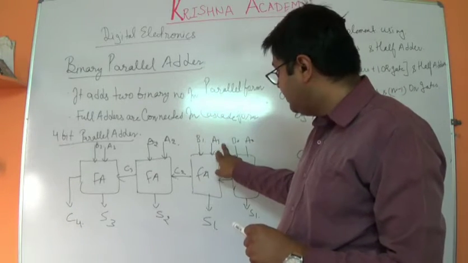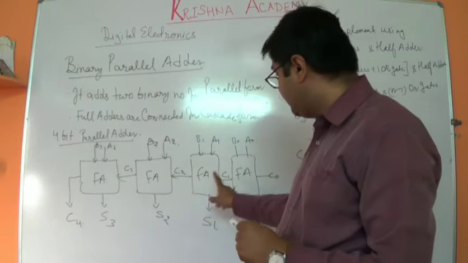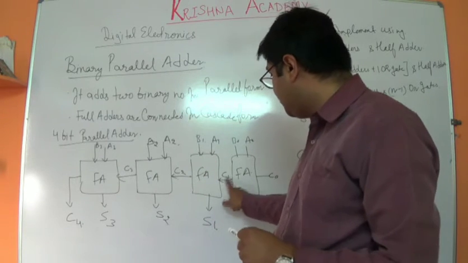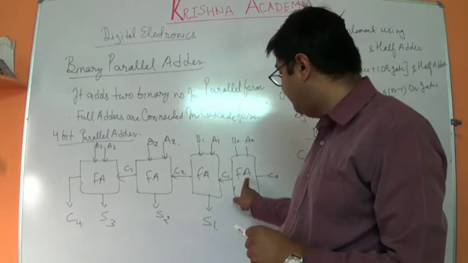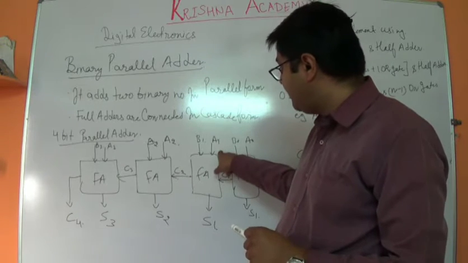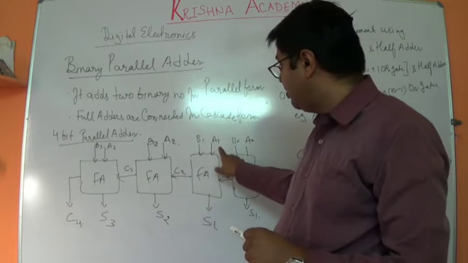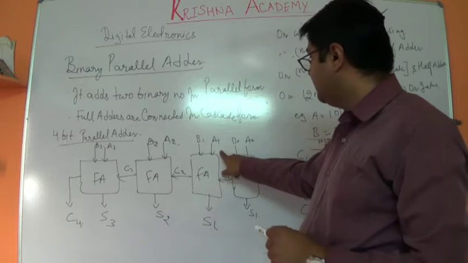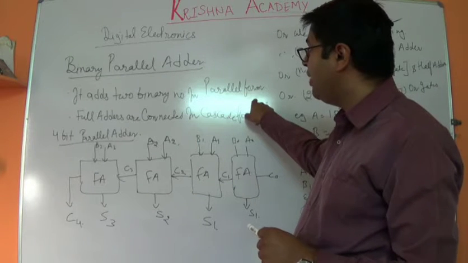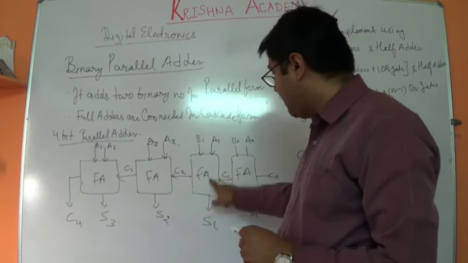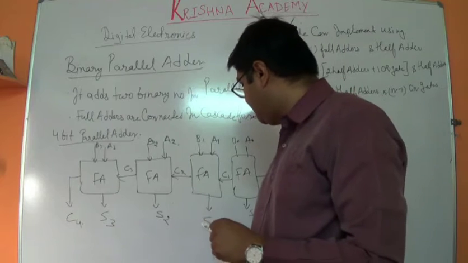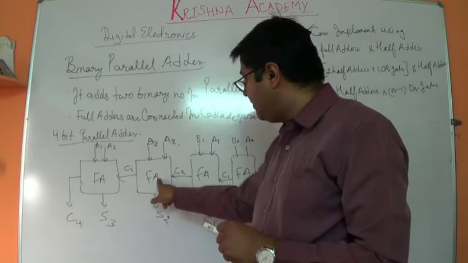Again there are 3 inputs available to it: C1, which is the carry output of the previous full adder circuit, A1 and B1. A1 and B1 are the next bits of the binary numbers that we need to add. Again the sum will be shown over here and the carry will be forwarded.